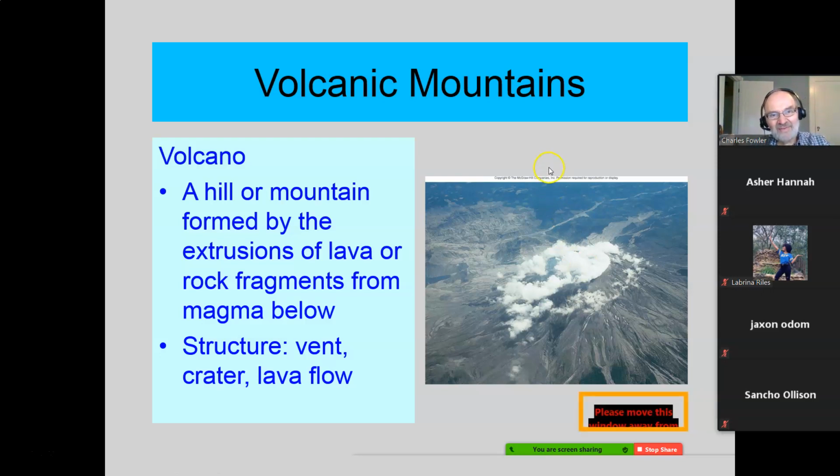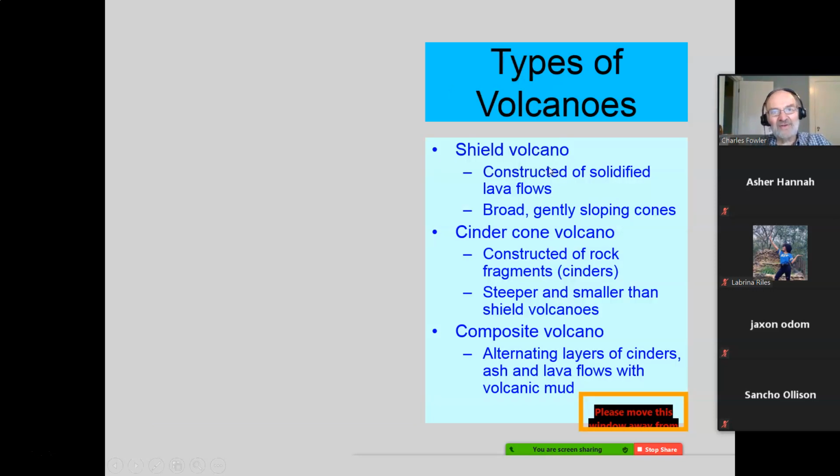now I have to click the slide before it'll advance. Okay. What are the various types of volcanoes? Three major ones. The first of these is called the shield volcano. It's constructed of solidified lava flows. Very little rock fragment. Could have some, most of it's lava flow.